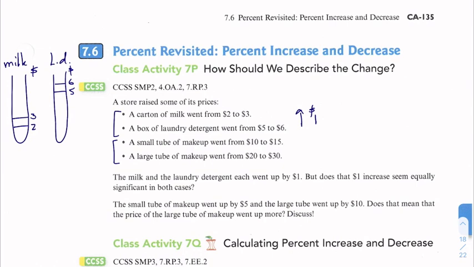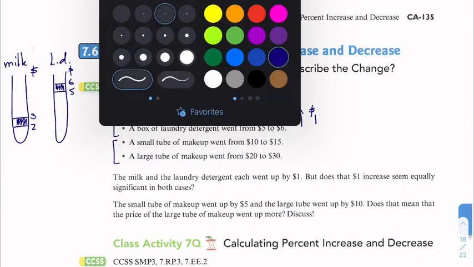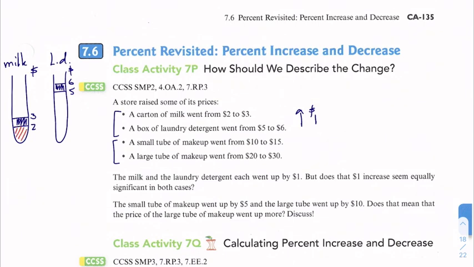It looks like this absolute difference is actually the same. It's $1. But that $1 seems to be making a bigger difference in the milk than the laundry detergent, because it is a bigger portion of how much the original cost was.